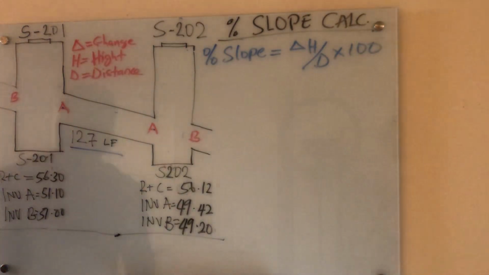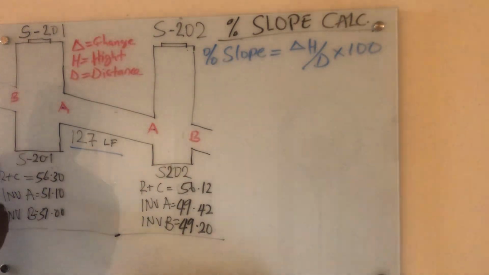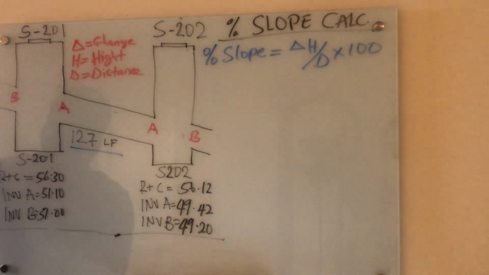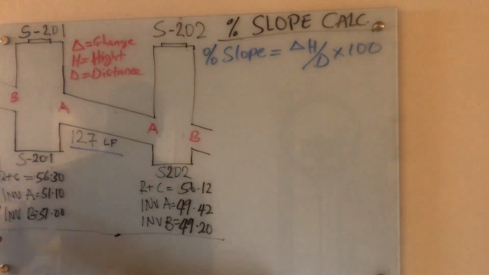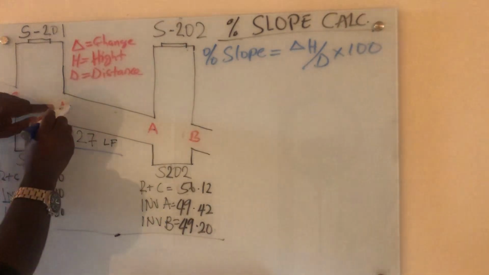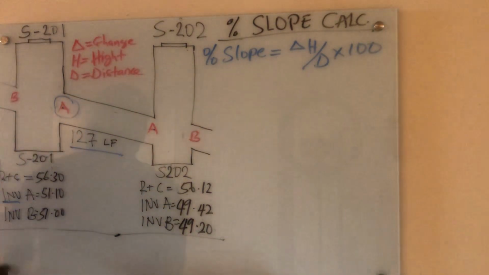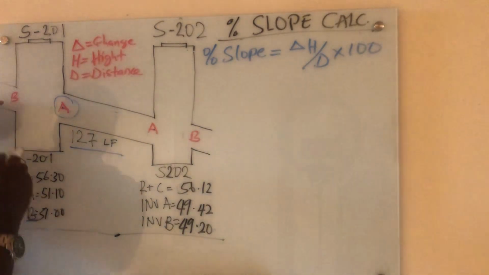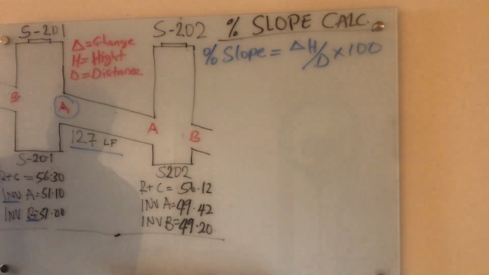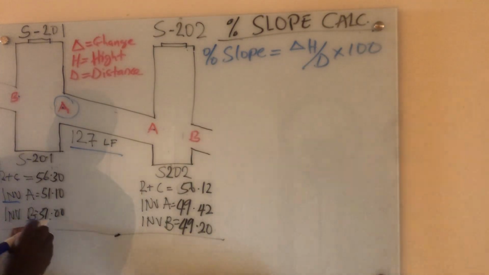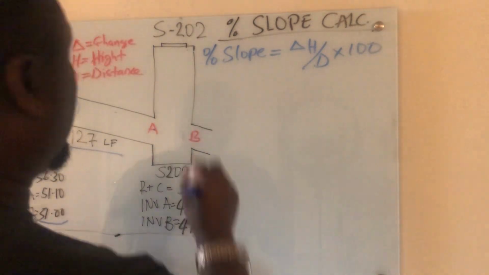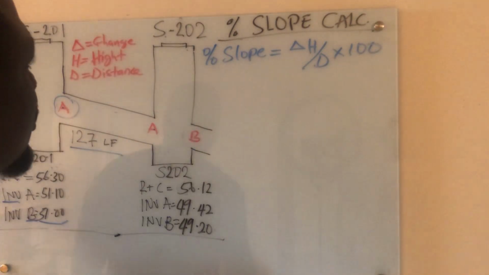inverts, right? So looking at the numbers we have here, the structural 201 has rain cover as 56.30. We have the invert A for the structural 201, which is 51.1, and then we have the invert B for the structural 201 drawing, which is 51.00. Same thing here for structural number 202.